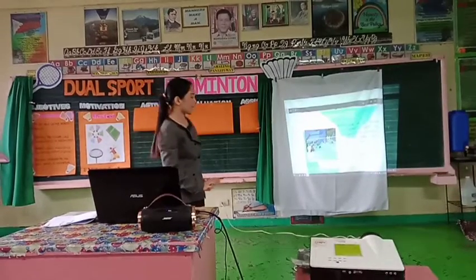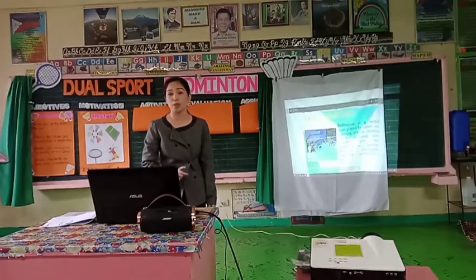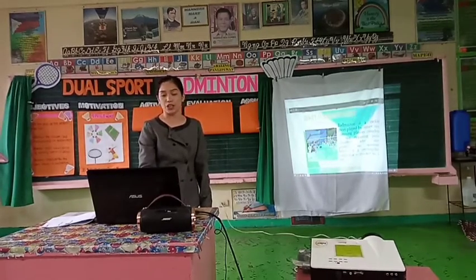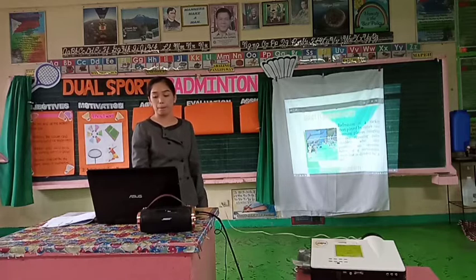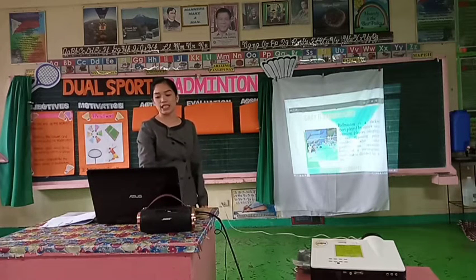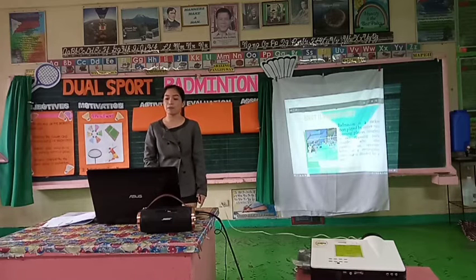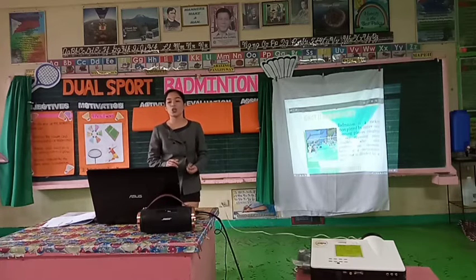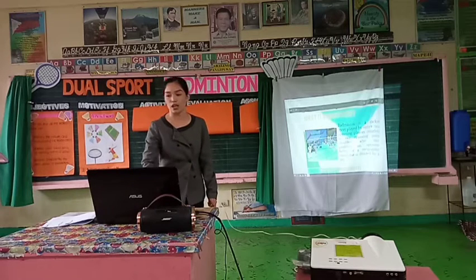What is badminton? So badminton, class, is a racket sport played by either 2 opposing players, singles, or 2 opposing pairs, doubles, who take positions on opposite halves of a rectangular court that is divided by the net. So badminton, class, is played with the use of a racket, equipment, and a shuttlecock.